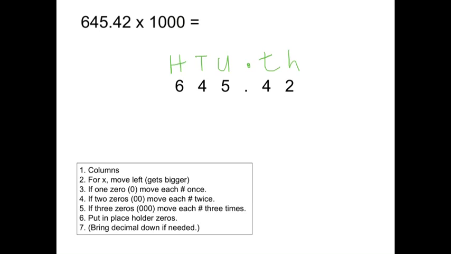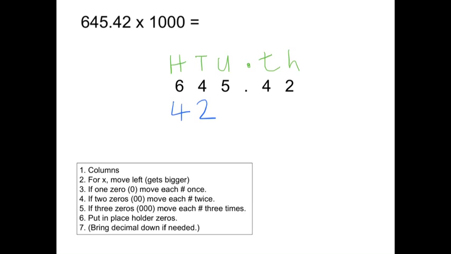To start off, 2 we bring down, count 1, we miss the decimal, 2 and 3, so the 2 goes there. Next, the 4 we bring down, we're going to miss the decimal, 1, 2, 3, so the 4 is going to go there.